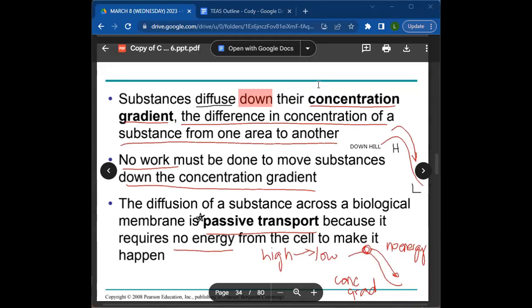If you were on a bike going downhill, you don't have to pedal. There is no input of energy. You don't have to add any energy to move downhill. So all types of passive transport, types of transport where there's no energy involved, are going to be moving down their gradient, from high to low, down the concentration gradient.